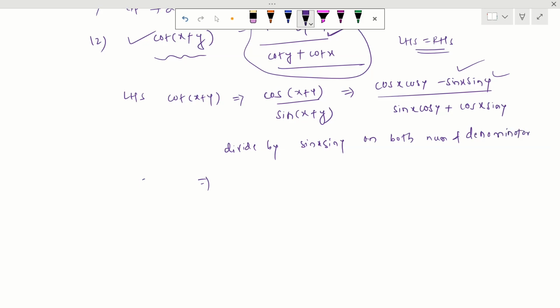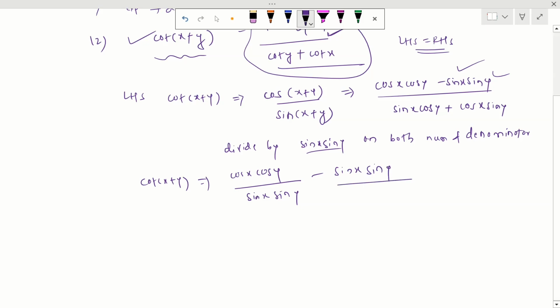So cot of x plus y is equal to cos x cos y divided by sin x sin y, and the second term also divided by sin x sin y, that is sin x sin y divided by sin x sin y.